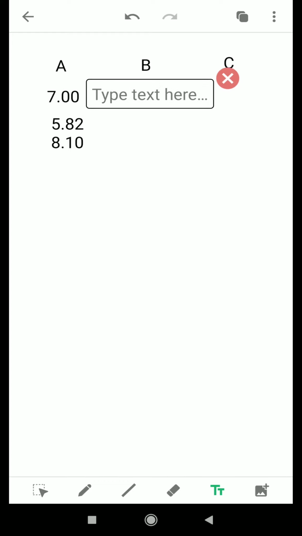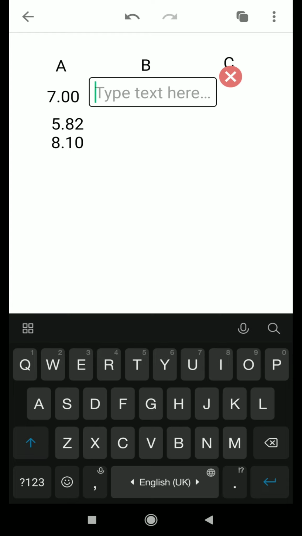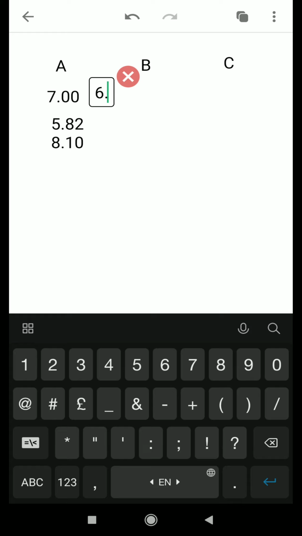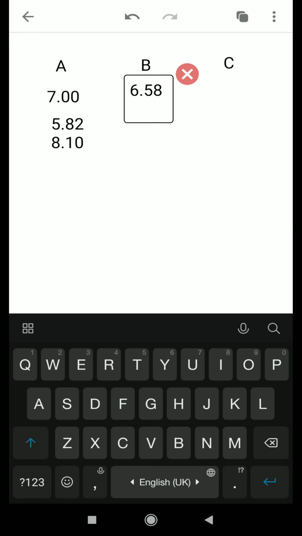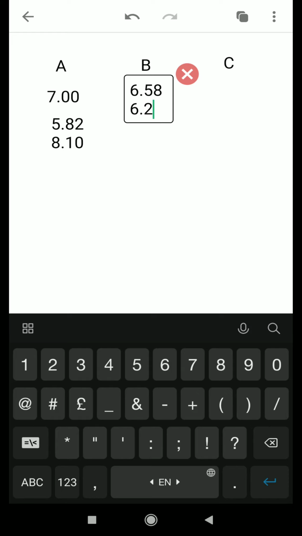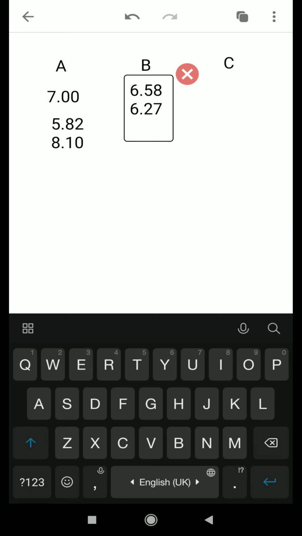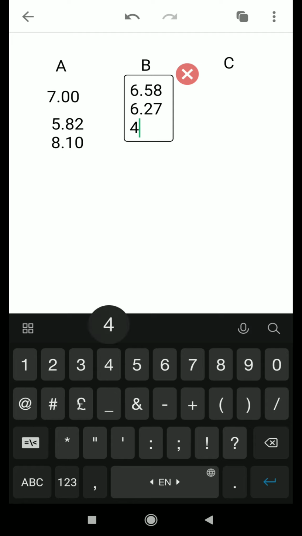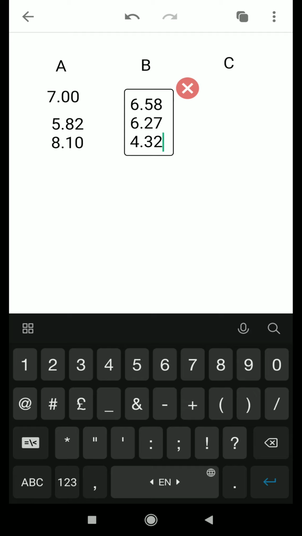Now for B, first time B got the result 6.58, second time he got 6.27, and third time he got 4.31 or 32. Clear?